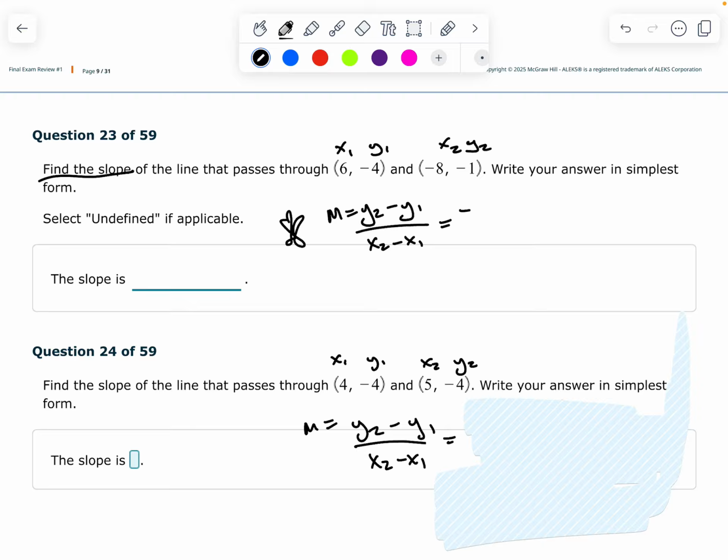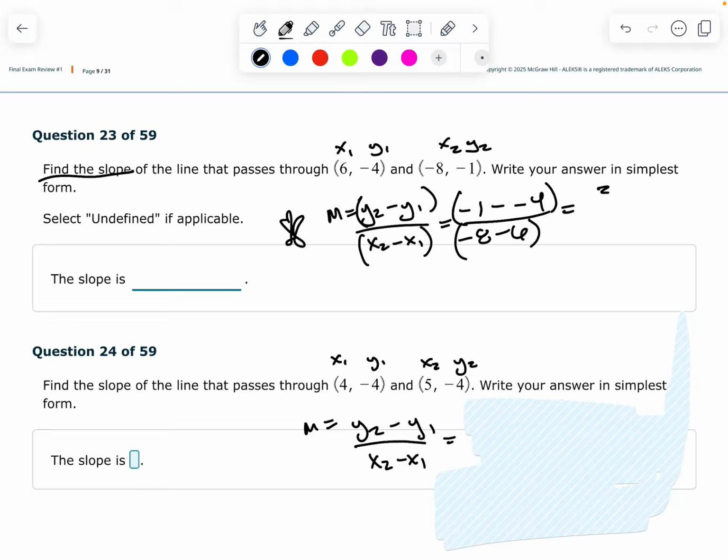When I go to sub these in, I'll have negative 1 minus negative 4. Notice the minus is built into the formula, over negative 8 minus 6. You can type that directly in the calculator. I would say, let's go and put this in parentheses like that, okay, for the formula. And that way, when you type it in your calculator, you'll type it in with parentheses as well.